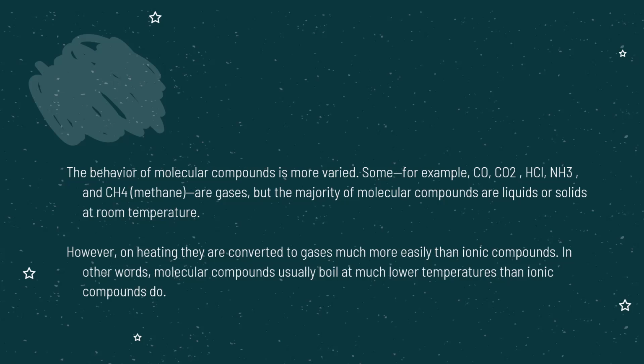Some molecular compounds are more varied, which means that they're not necessarily gases, but they can be. For example, carbon monoxide, carbon dioxide, and HCl. We talked about HCl as being an acid, a very strong one actually, if you remember last time.